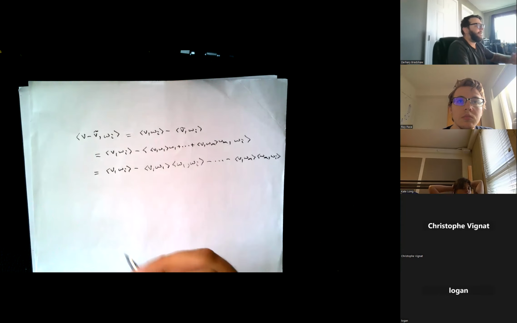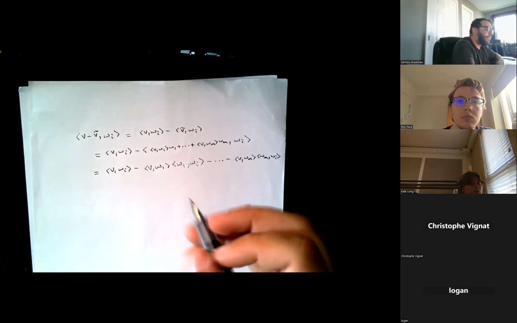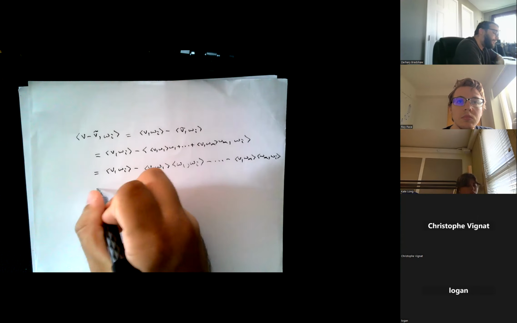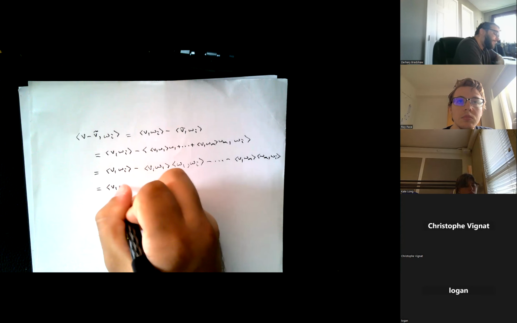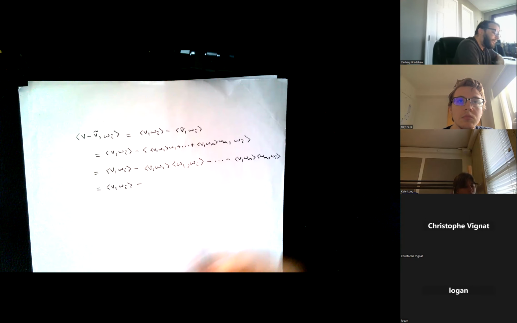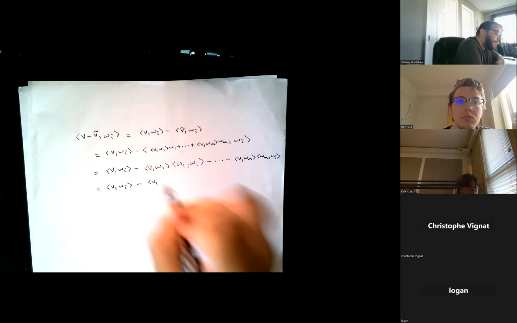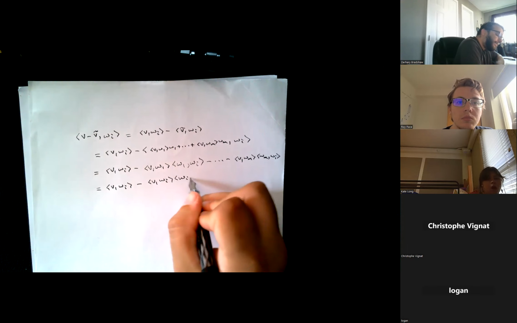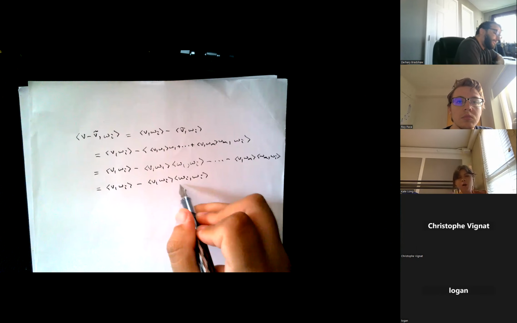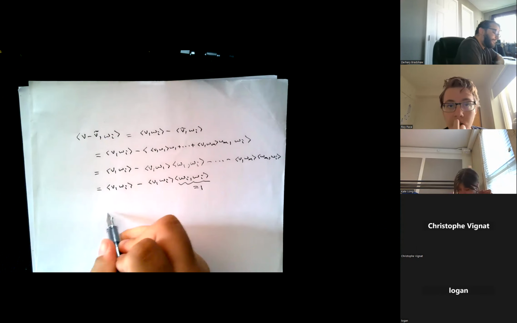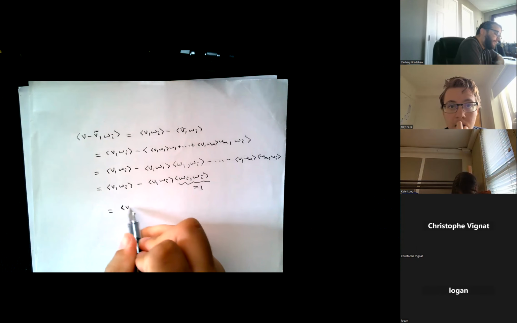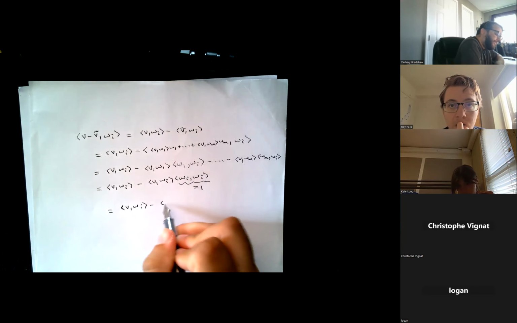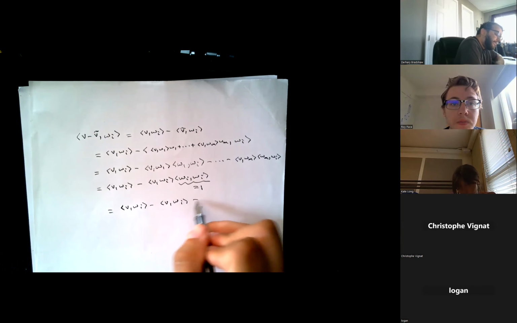And in that case, the inner product of it with itself is 1 by the orthonormality assumption. So this is v inner product with wi minus v inner product with wi times wi inner product with itself, and this thing is equal to 1. So we get v inner product wi minus v inner product wi, which is 0.